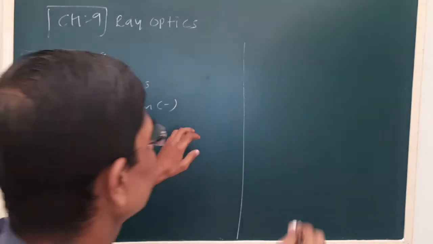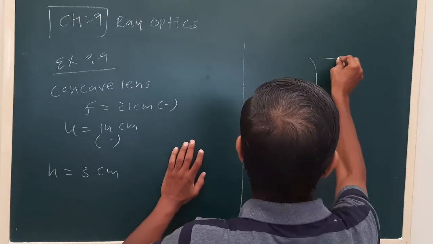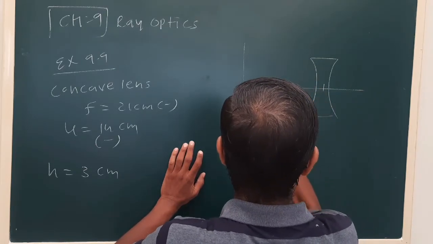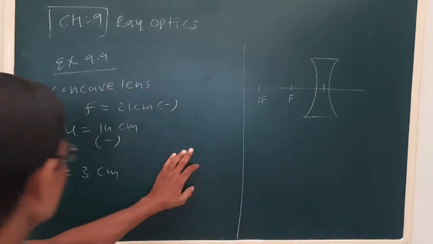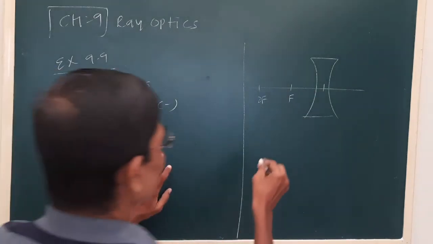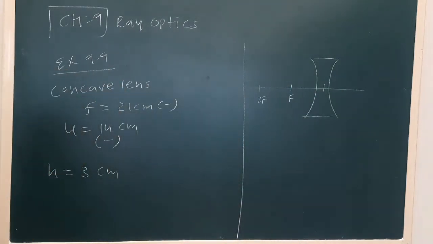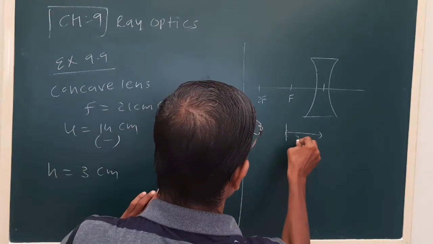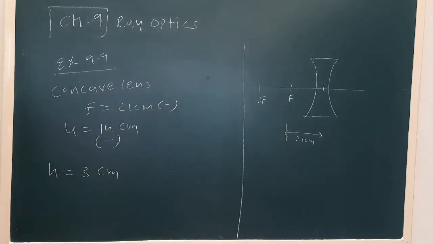Now let us see how the image is formed by a concave lens. Let us say F and 2F. Focal length is 21 centimeter. The object is placed at 14 centimeter, object distance is 14 centimeter.